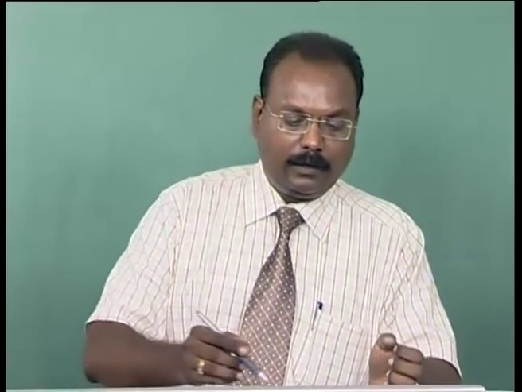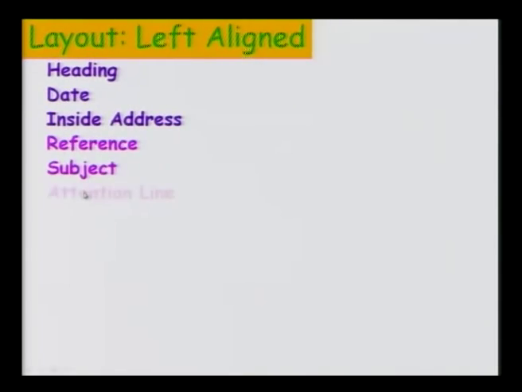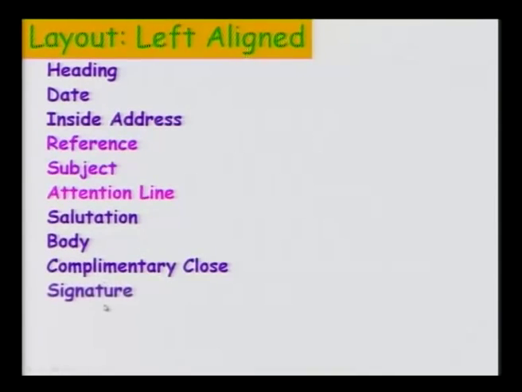In the left aligned one, look at this. Everything, heading, date, inside address, reference, subject, attention line, salutation, body, complementary clause, signature, identification marks, enclosure, everything comes on the left side. That is why it is called left aligned.